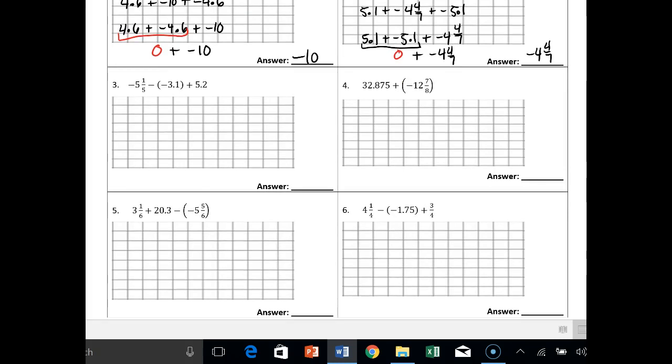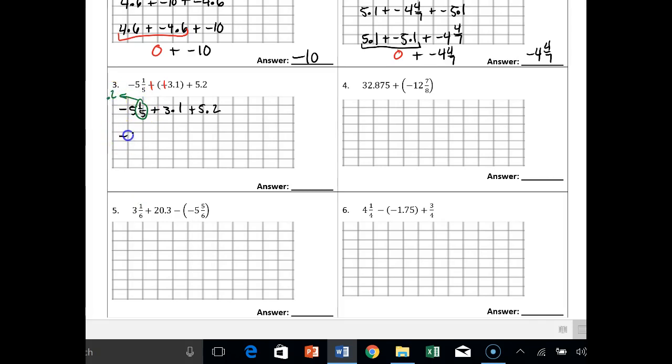All right, number 3. We have plus positive, and don't do anything with the addition sign, so just leave that alone. So negative 5 and 1/5 plus 3.1 plus 5.2. Hopefully you can see, hey, 1/5, I know that. I look on my reference sheet, oh, that's 0.2.